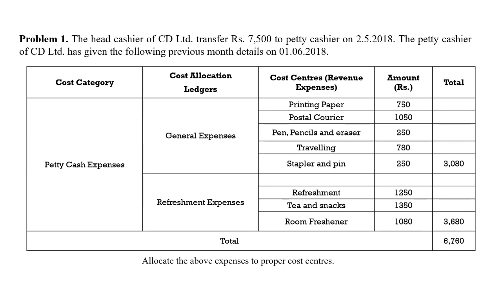separately. That means at the end of the month or at the end of the year, if I want to know the total cost incurred for printing paper, the total cost incurred for traveling purpose, the total cost incurred for refreshment purpose, I can get a bird's eye view on that particular cost center.